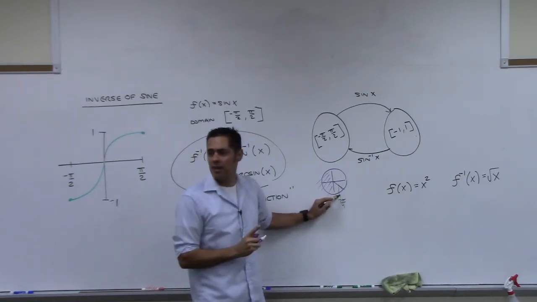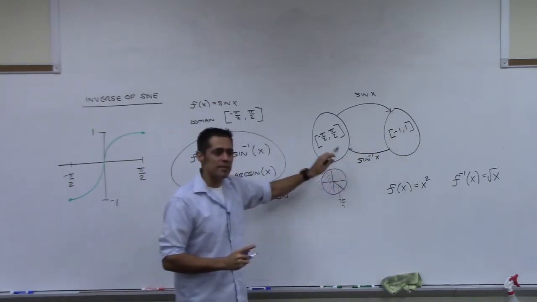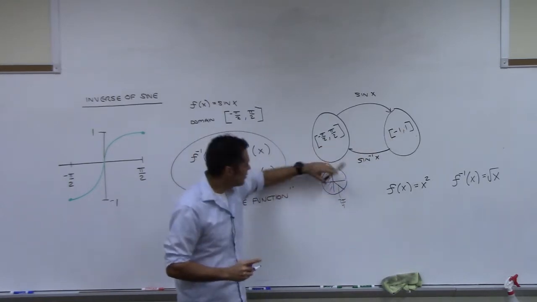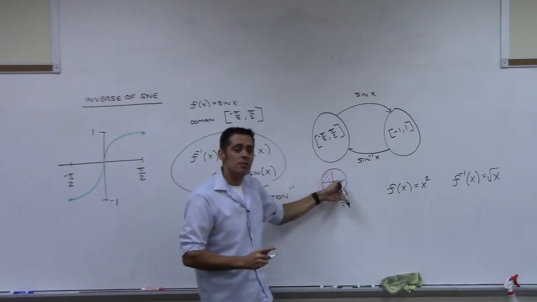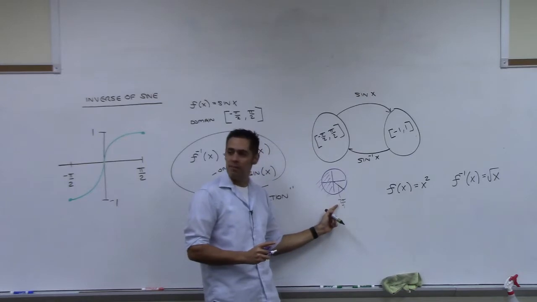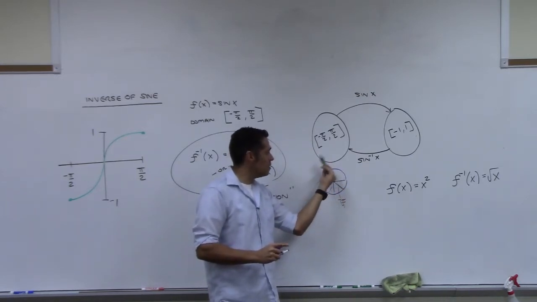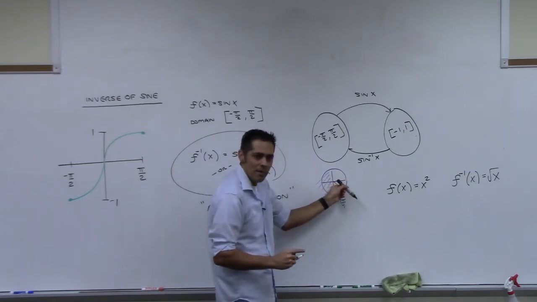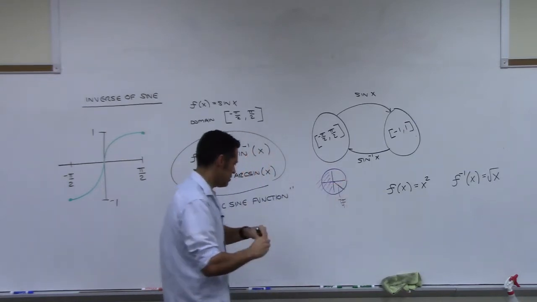That could never be an answer for us. If we plug a number in here, we could never get 7 pi over 4 out, because that means your angle went past pi over 2 and came back around, and now you have this positive 7 pi over 4. It's too big. So how would I represent that angle? Instead of going around, I would just go negative pi over 4, and that would give me the same thing. You'll see. We're about to do some examples.